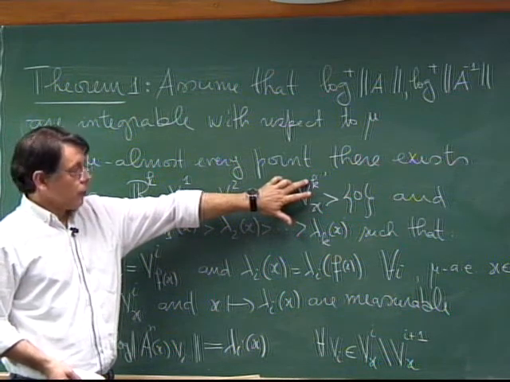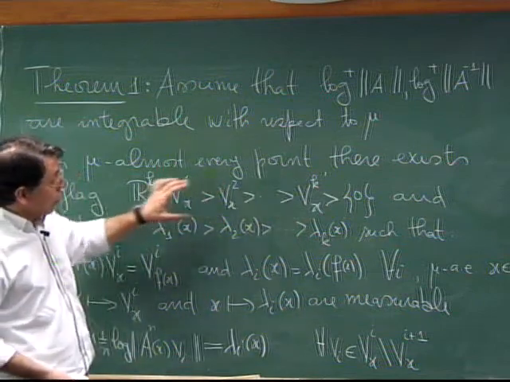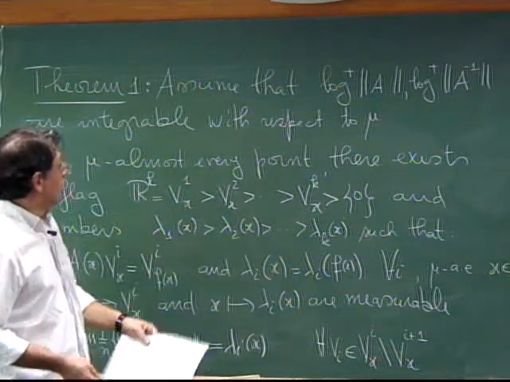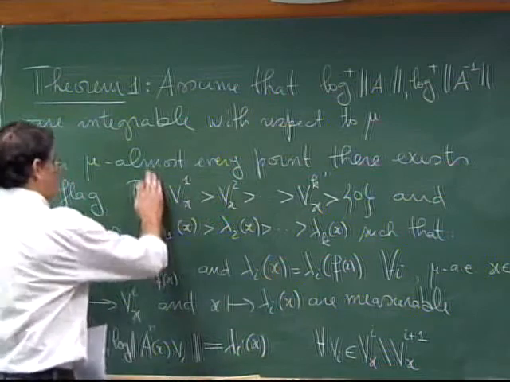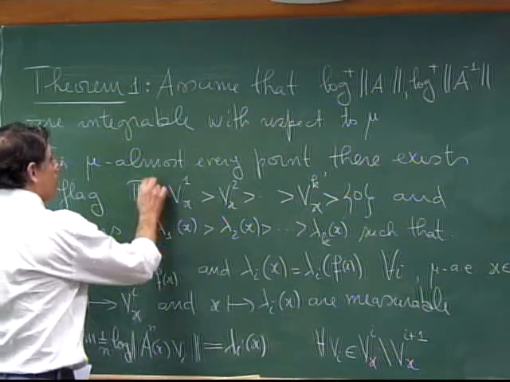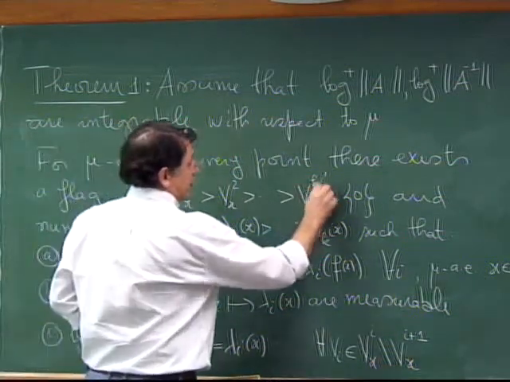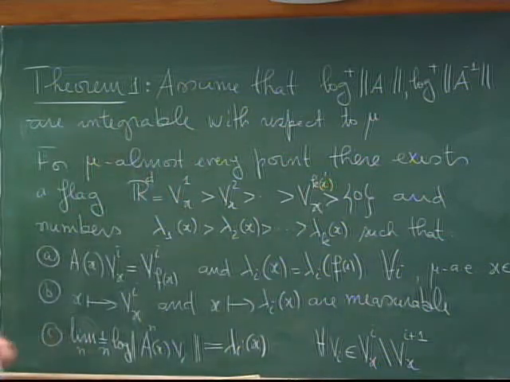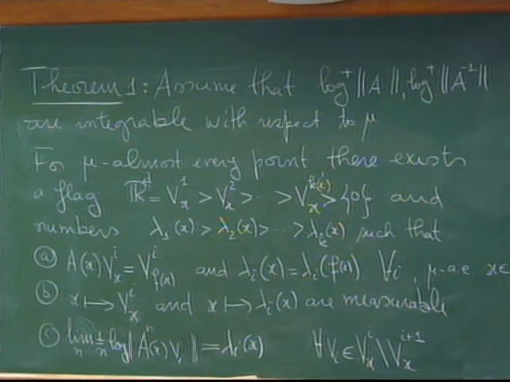So depending on the point, the flag can contain a different number of subspaces. This is k of x. Of course, k is necessarily smaller or equal than d.